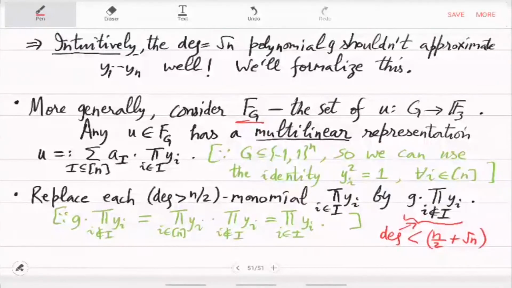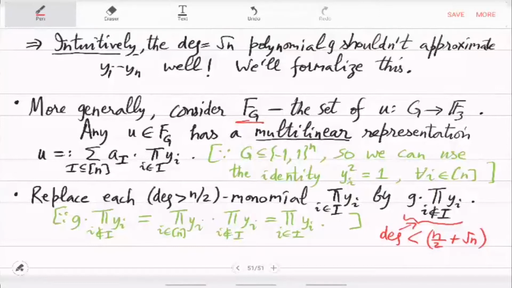Right, because the set big I had more than n by 2 elements, so the complement has less than n by 2, plus the degree of g, which is at most square root n. So any monomial whose degree is more than n by 2 plus root n, the degree falls after this transformation.